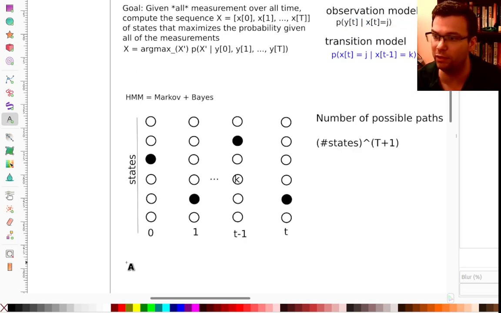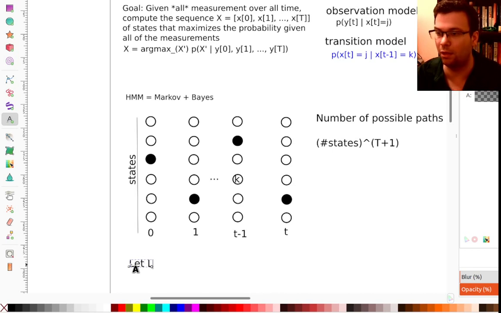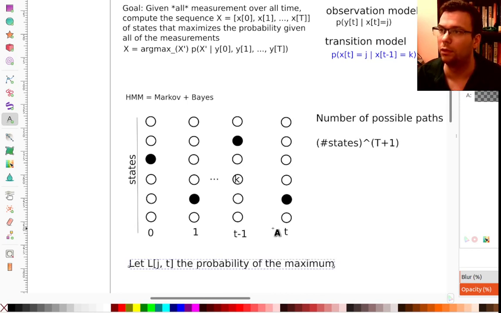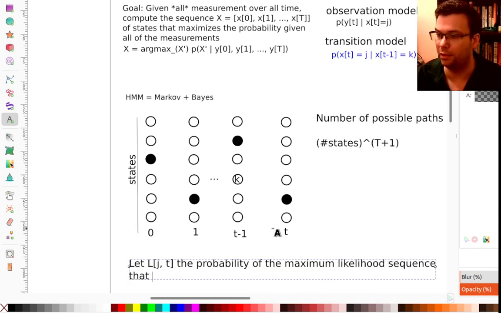Let me define L at state J, time T. So row J is the state, the column is the time. Let this be the probability of the maximum likelihood sequence that ends at state J at time T. So here's my subproblem.